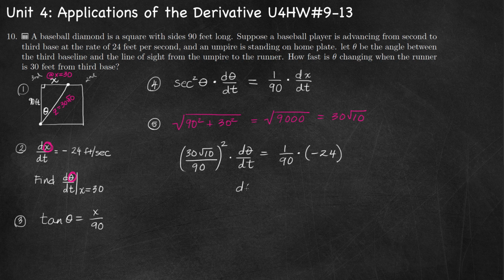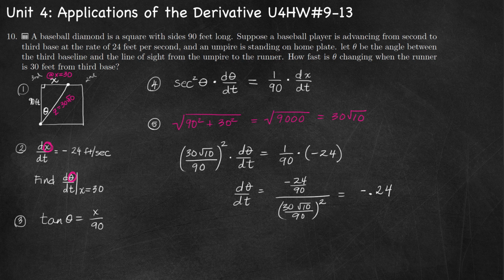Okay, so to solve for d theta dt, we can go to the calculator for this. We've got basically negative 24 over 90 divided by 30 root 10 over 90, all of that squared. And that gives me negative 0.24.